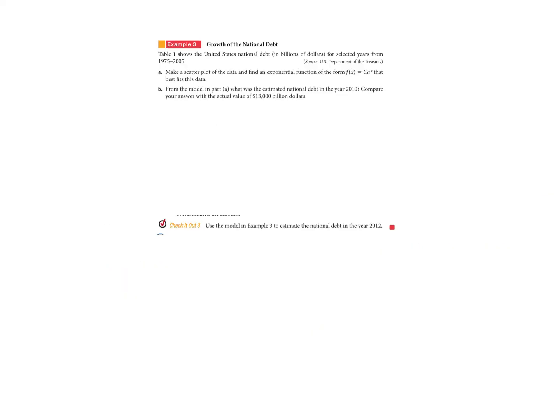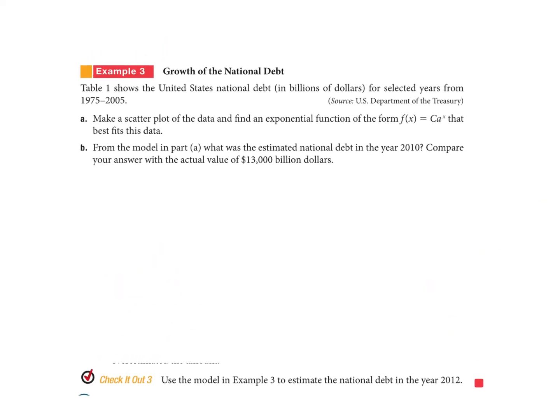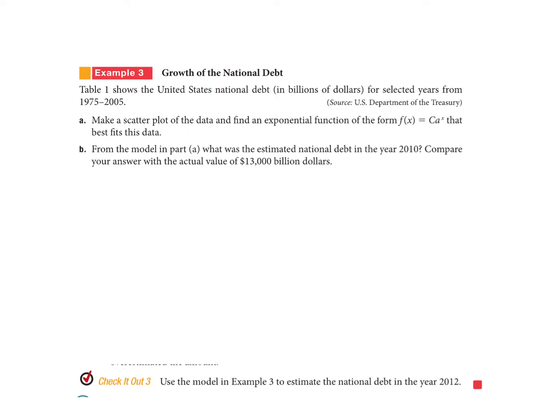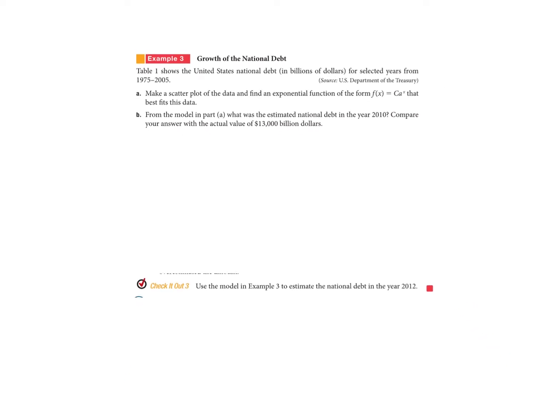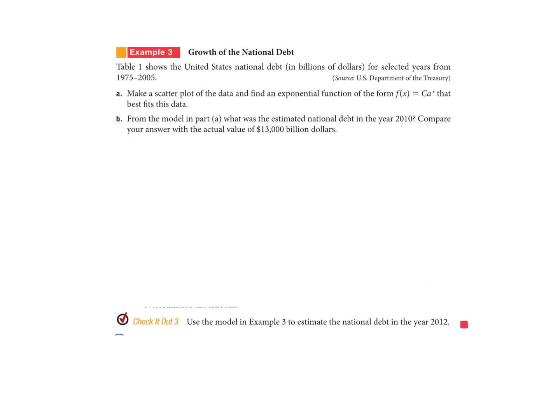So, right, growth of the national debt, kind of the same idea. It says table 1 shows, so there's a table that's missing here that's in your text that you can take a look at. And you can plot those points, like something like this, right?